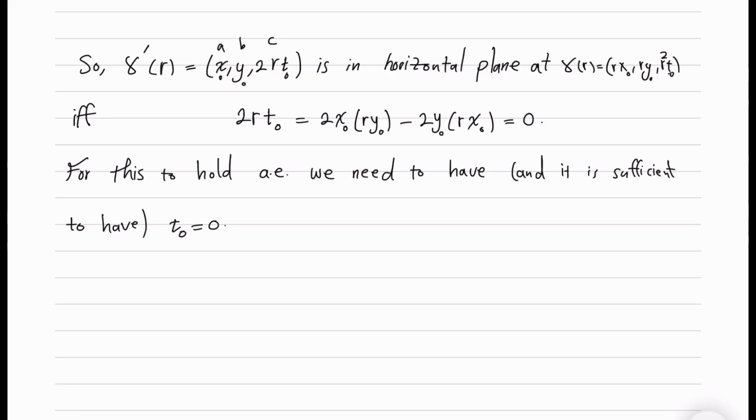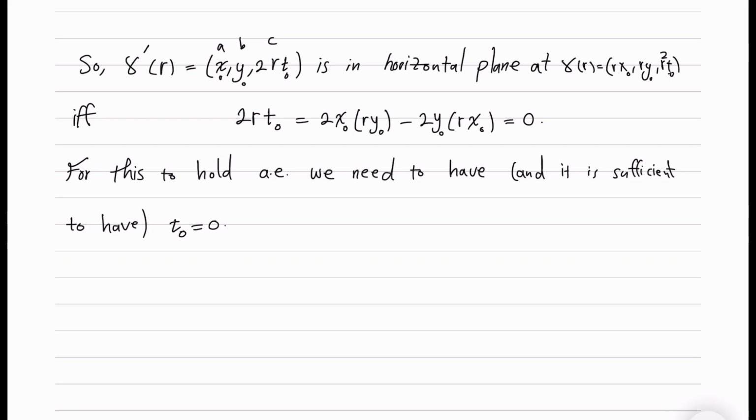But then you get 0 for the right hand side, and if this is to be true not just for one r but for almost every r, it forces t naught to be 0. The interesting part is that if t naught is 0, then this actually holds for all r values, therefore giving a horizontal curve.